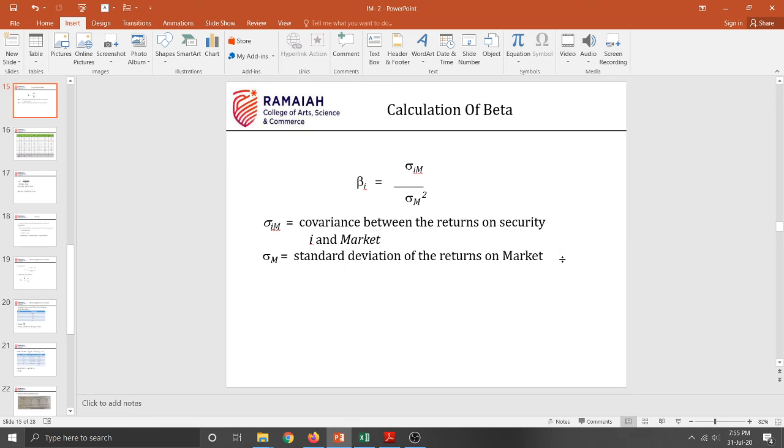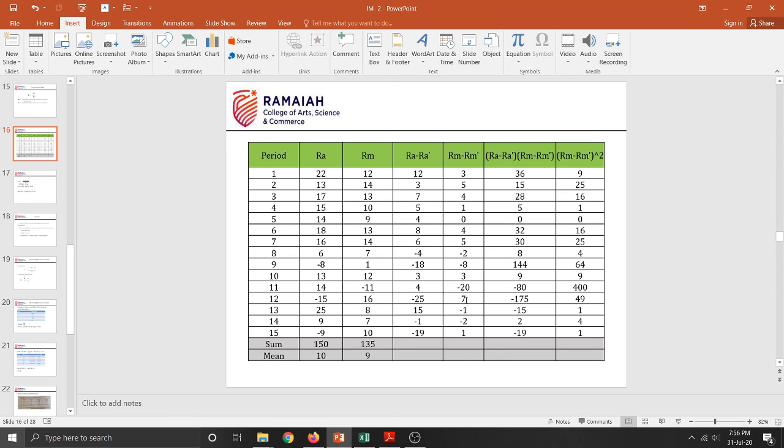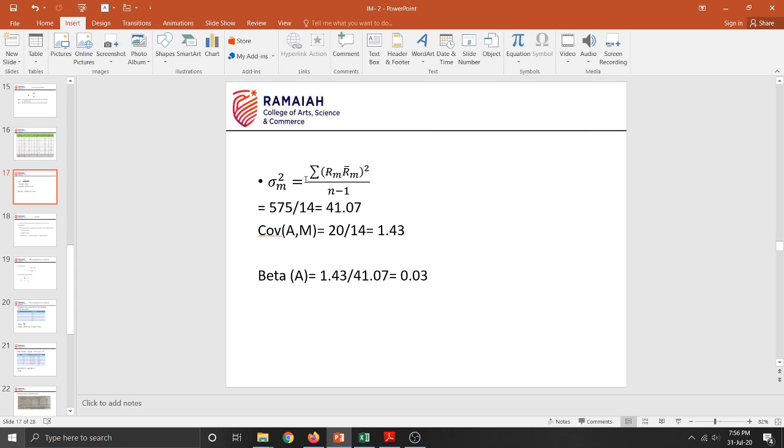So what is your formula? The formula states the covariance between the returns on security i and the market, in our case security A, divided by the variance of the market. Let's calculate the covariance first. Covariance formula is this. Covariance is 20 divided by 14.